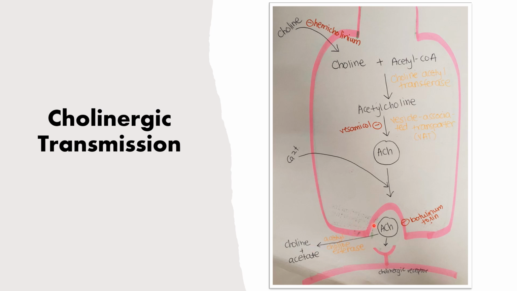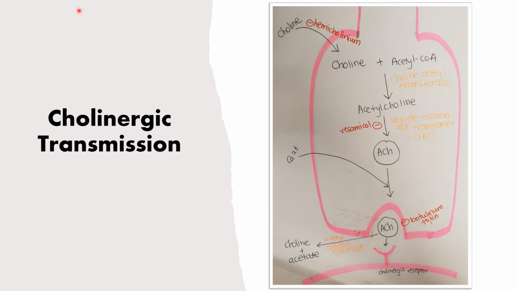It's an enzyme that splits acetylcholine into choline and acetate. This is how the action of acetylcholine is terminated. And then choline and acetate are both recycled back into the axon terminal, and the whole process starts again.